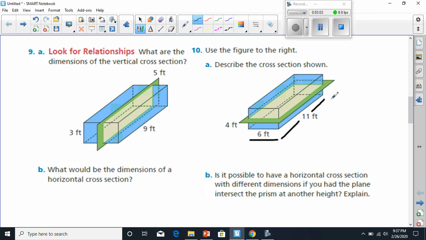If I was to describe this, it would be 11 feet by 6 feet. Oh, sorry, 6 feet. I don't know why I said 16. That's 6 feet. And it's going to be the shape of a rectangle, right? So 11-foot by 6-foot rectangle.